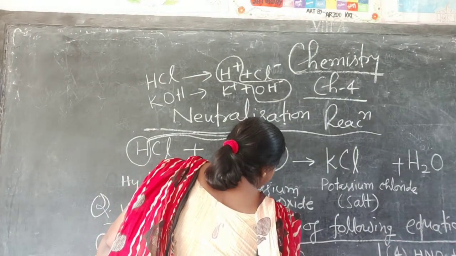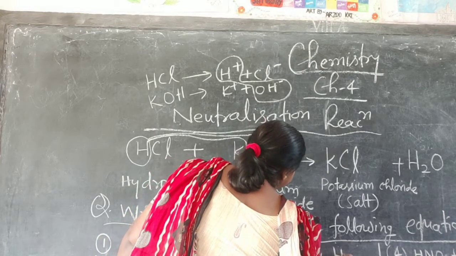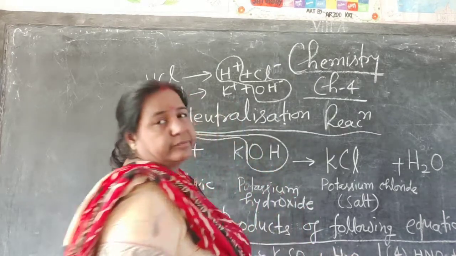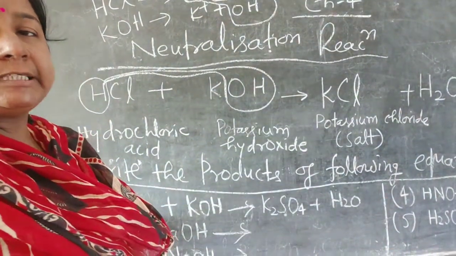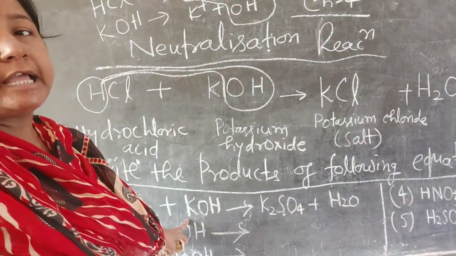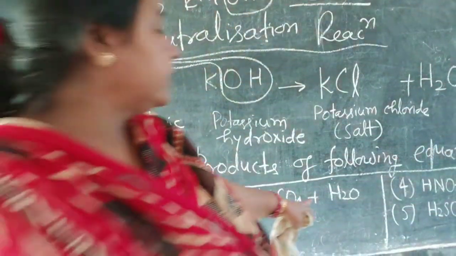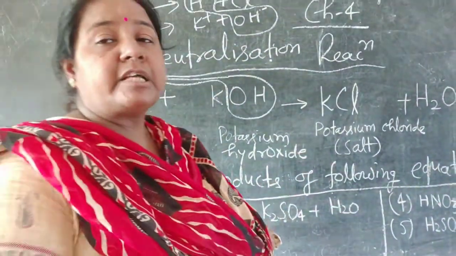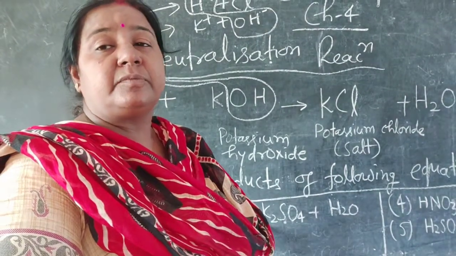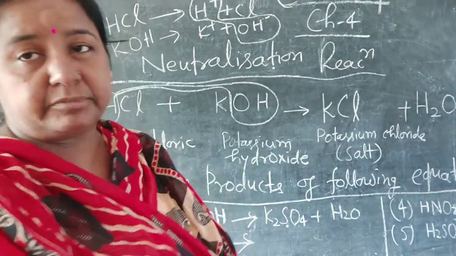K2SO4 and water. Now here the neutralization of hydrogen ion of sulfuric acid and hydroxide ion takes place to form water. This is the neutralized product, and here potassium sulfate is the salt formed.